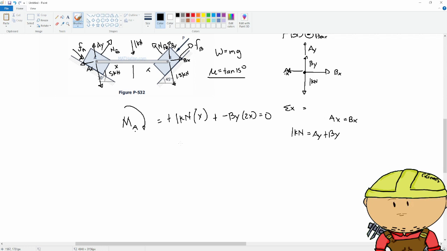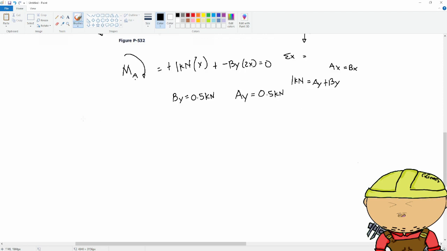Meaning BY should be 0.5 kilonewton, and AY should be 0.5 kilonewton.